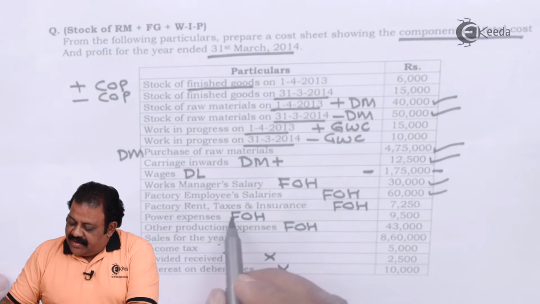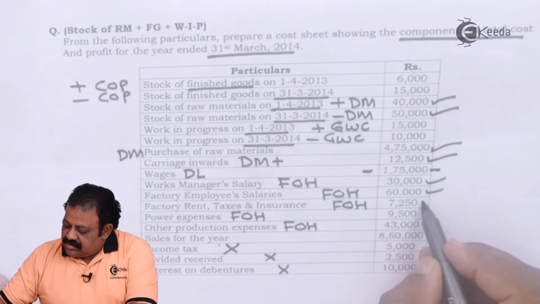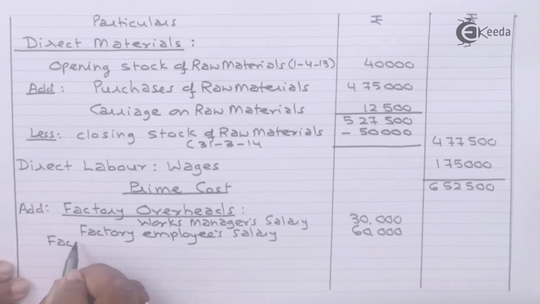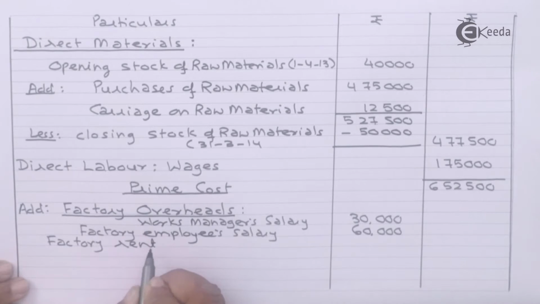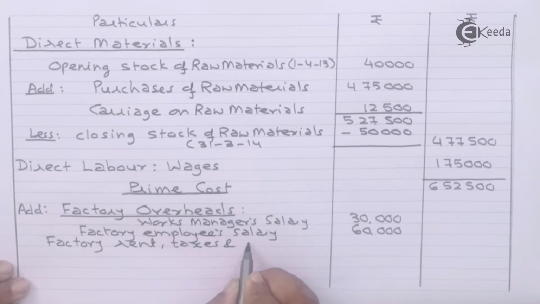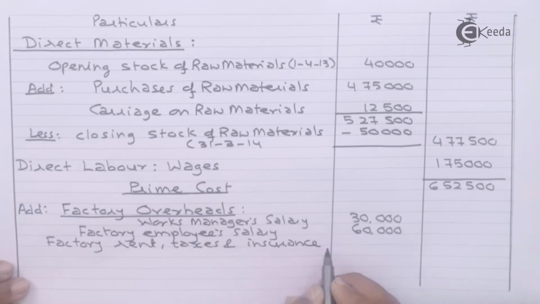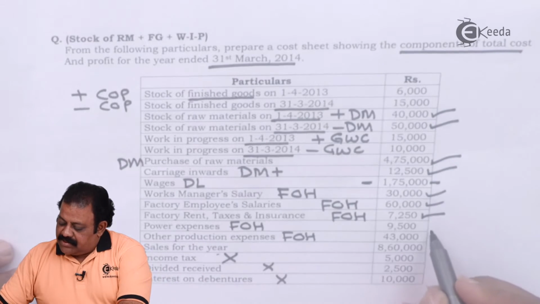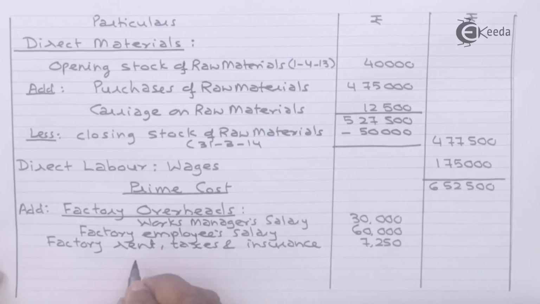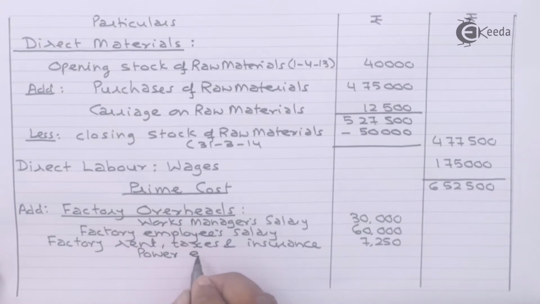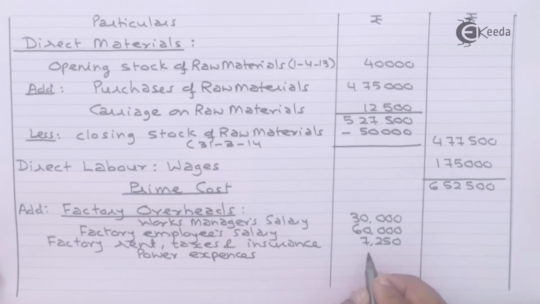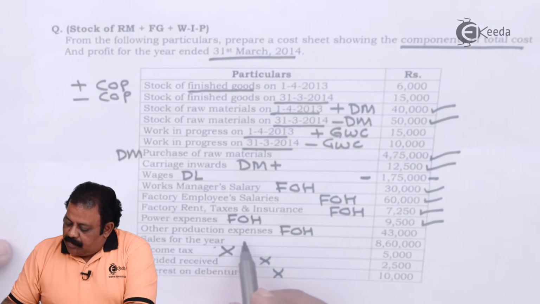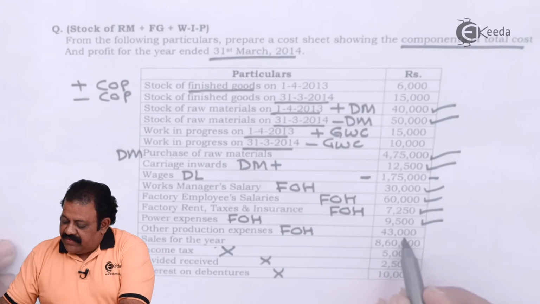Next we have factory rent, taxes, insurance 7,250. Next we have power expenses 9,500. Other production expenses 43,000.